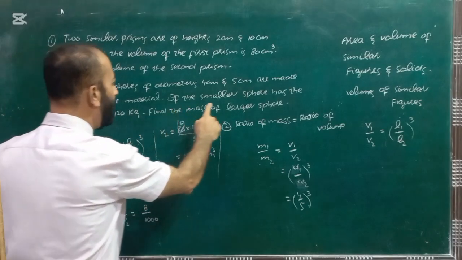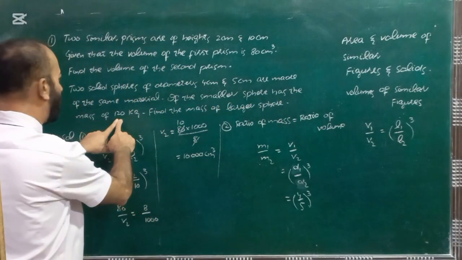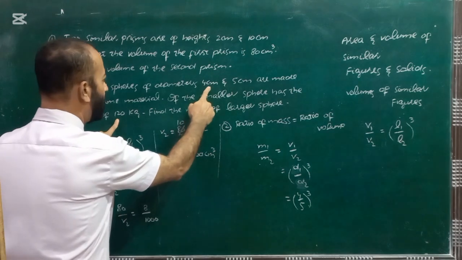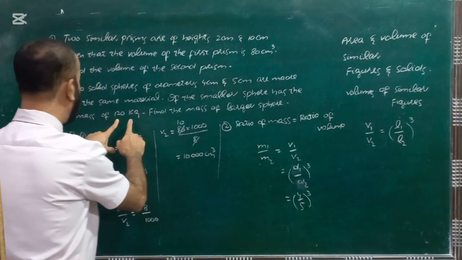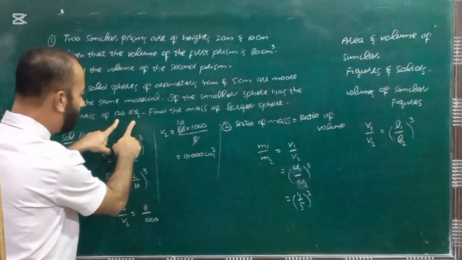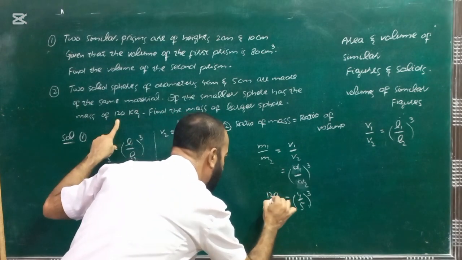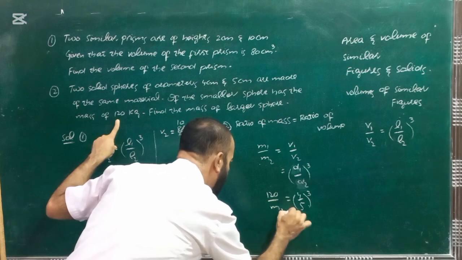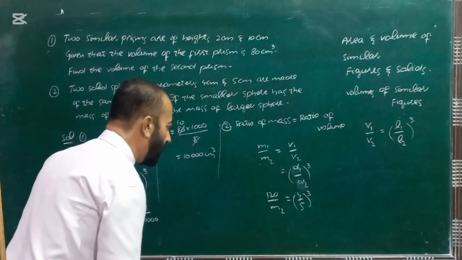Okay, if the smaller sphere has the mass 120, so it means the diameter is 4 centimeter and the mass is 120. So 120 will be put in place of M1 and M2 will remain as it is because the mass of the larger sphere is required.